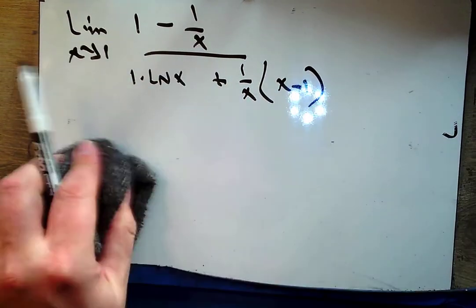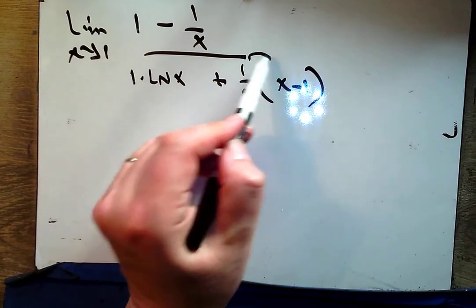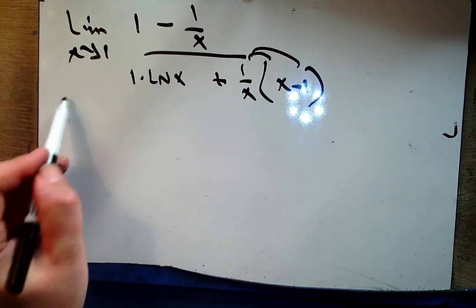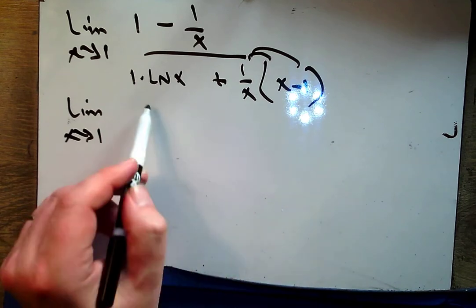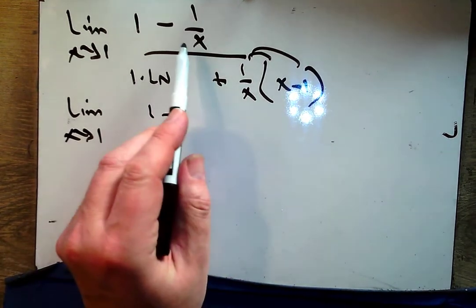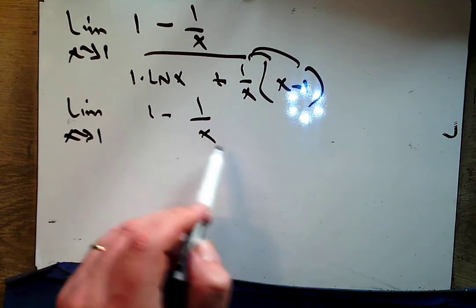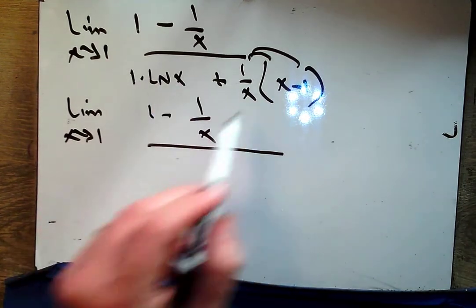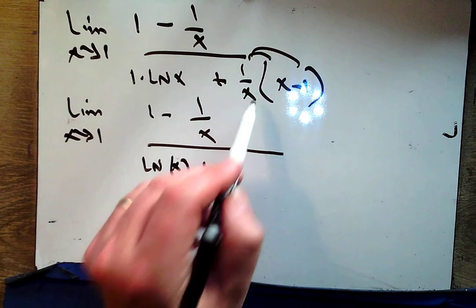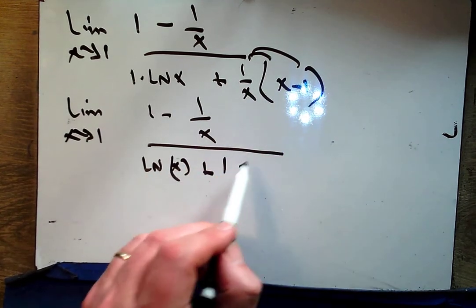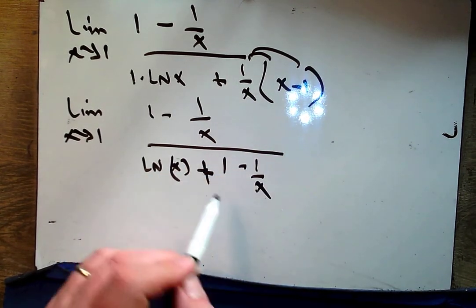I think I want to tidy this up a little bit. I'm going to distribute here. And that's going to give me the limit as x heads to 1 of 1 minus 1 over x over ln of x plus x over x, which is 1, minus 1 over x.